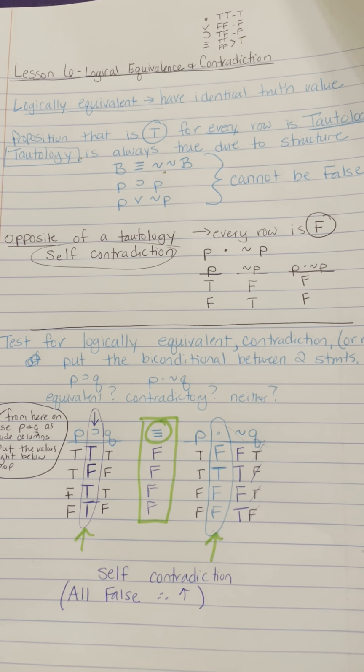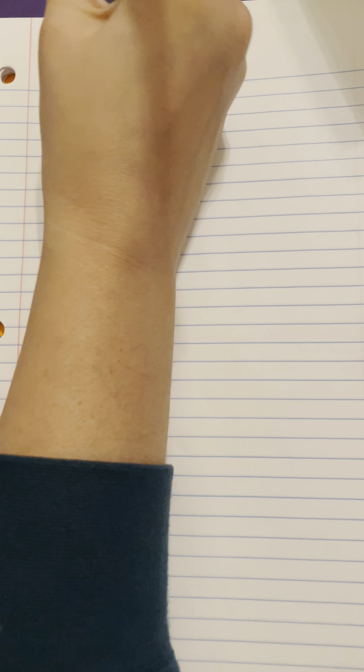All right, so let's look at the exercises. We're going to do the exercises for lesson 6. Number 1. They're setting up truth tables here, and we need to find out if they are logically equivalent, contradictory, or neither.